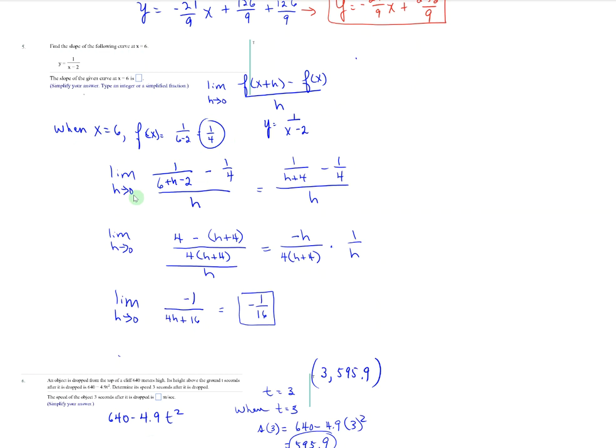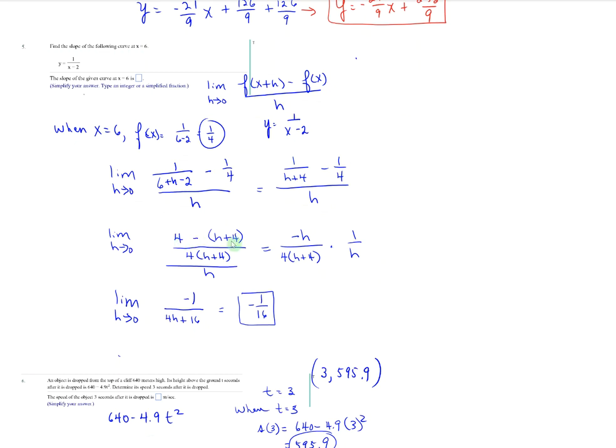All right, now if we follow this, limit as h approaches 0, 1 over (6 plus h minus 2), minus 1/4, over h. So this is 1 over (h plus 4) minus 1/4, over h. We need to do a common denominator, which is 4 times this. So we multiply this denominator here and this denominator here.